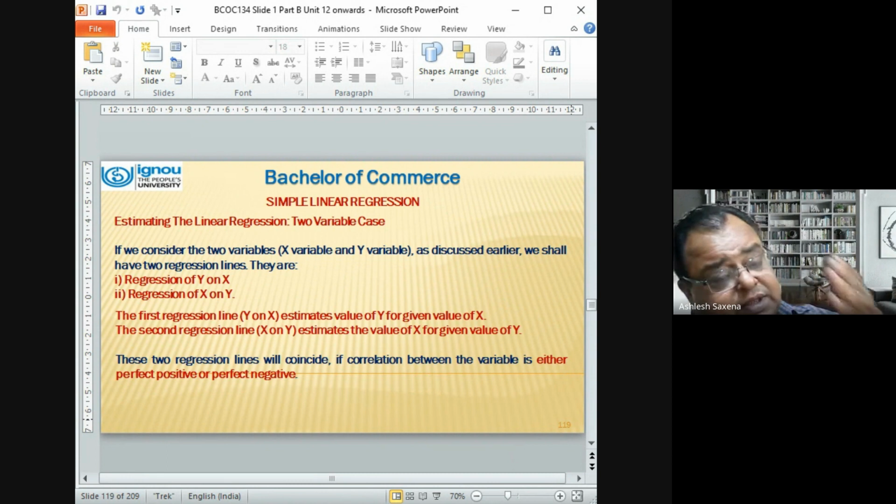Similarly, the second regression line, that is x on y, estimates the value of x for a given value of y. These two regression lines will coincide if the correlation between the variables is either perfect positive or perfect negative.